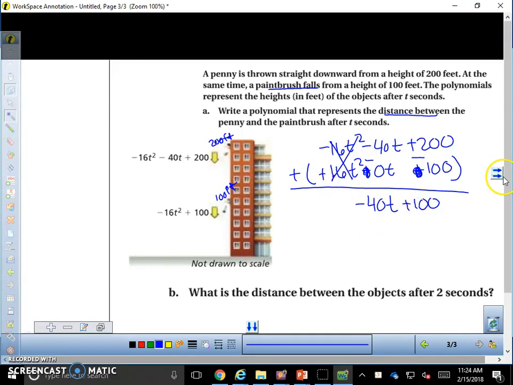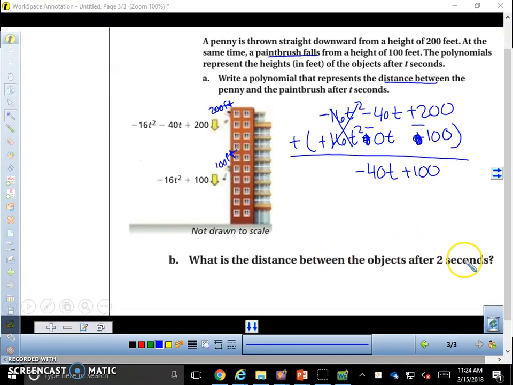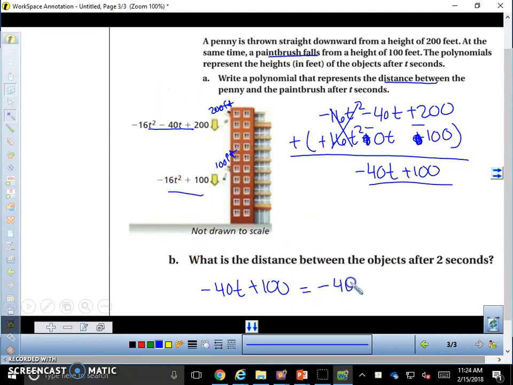There we go. We simplify the polynomial. What's the distance between them after 2 seconds? After we've simplified them, we can plug the 2 into one polynomial versus plugging in here and subtracting. All right, so we're going to plug it in. Negative 40 times 2 plus 100. Negative 40 times 2 is negative 80. Negative 80 plus 100 is 20. So they're 20 feet apart from each other.